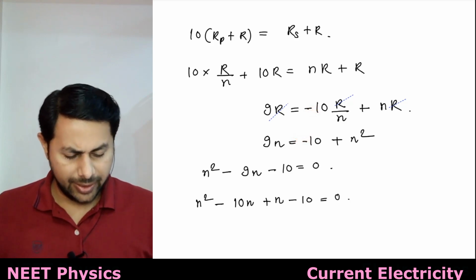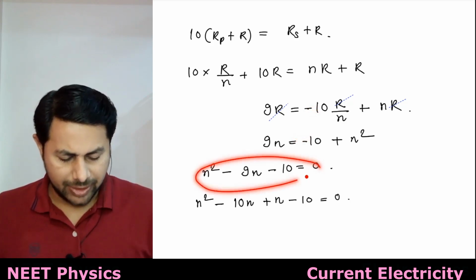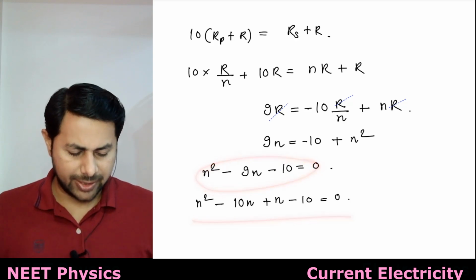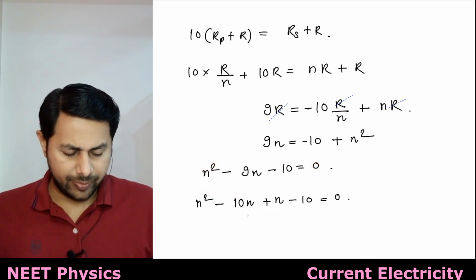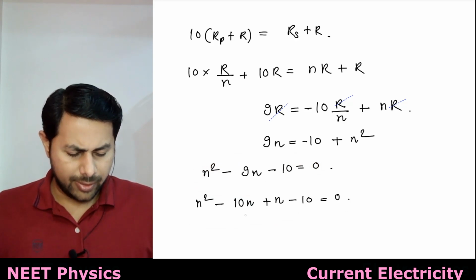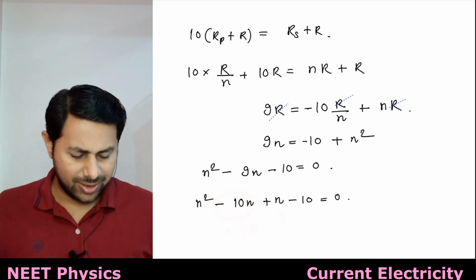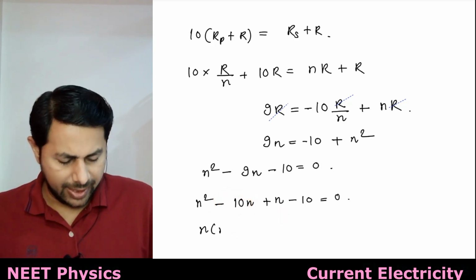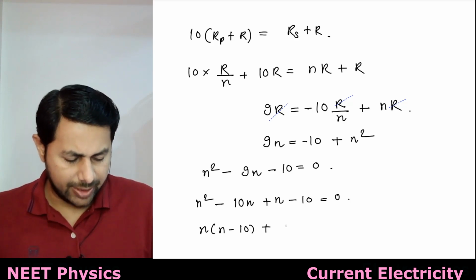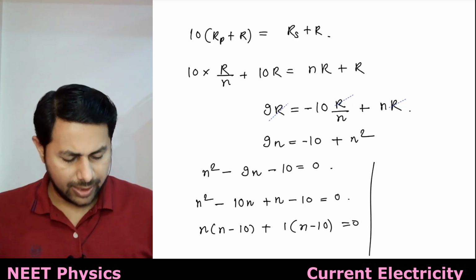Then we can factor this equation like this: n square minus 10n plus n minus 10 is equal to 0, right? Minus 10 times 1 is equal to minus 10. And then we get n times (n minus 10) plus 1 times (n minus 10) is equal to 0.